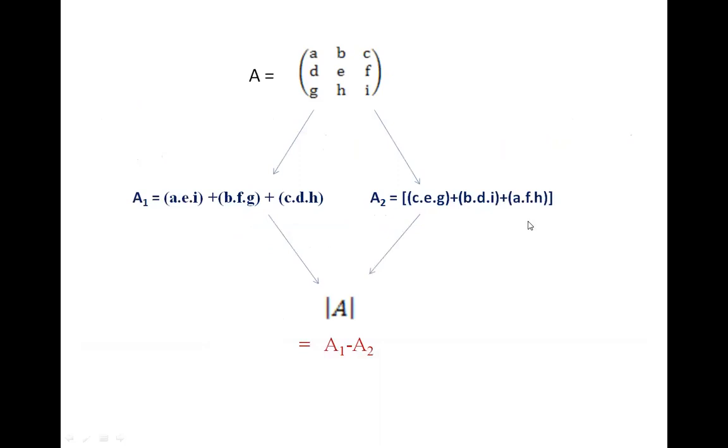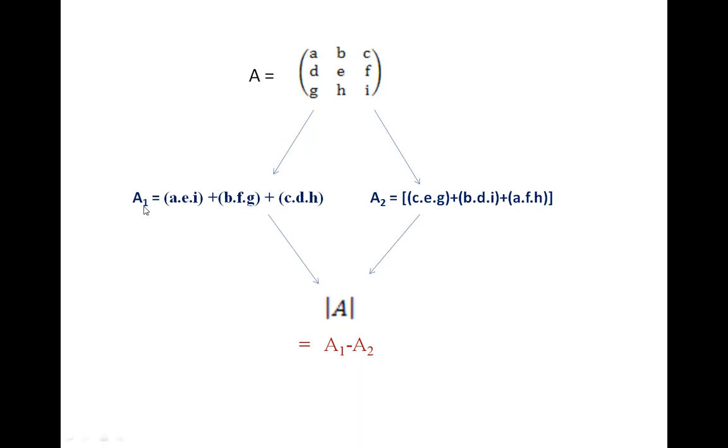Now, another method. There is another method for estimation of the determinant of a 3 by 3 matrix. It's very simple. For example, in this case, A is a matrix consisting of elements A, B, C, D, E, F, G, H, I. Then we have to sum up the multiplication of diagonal elements.